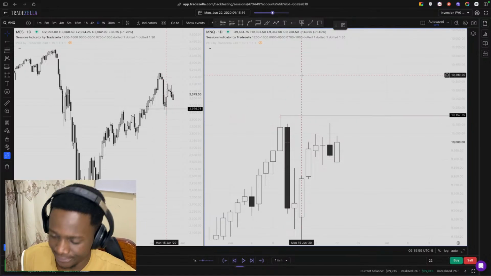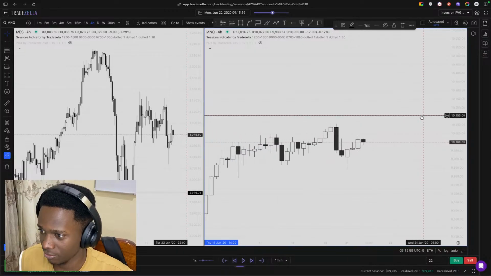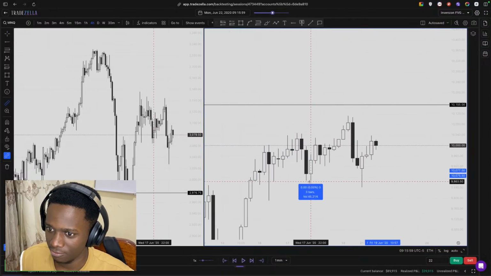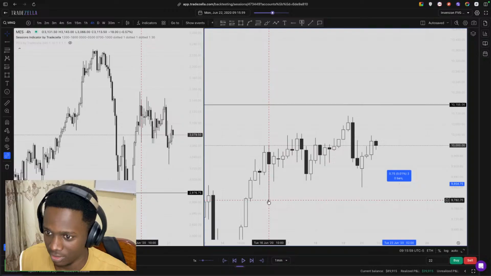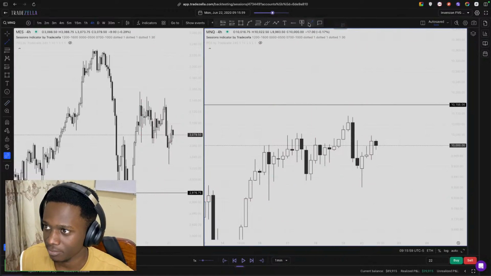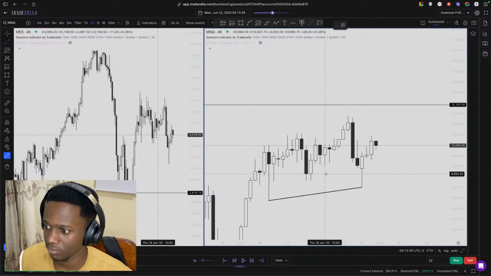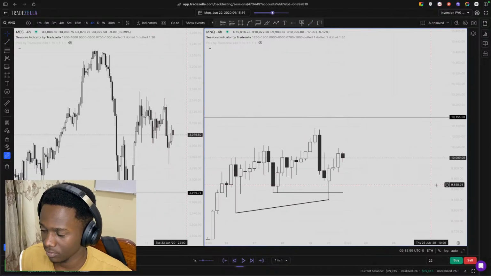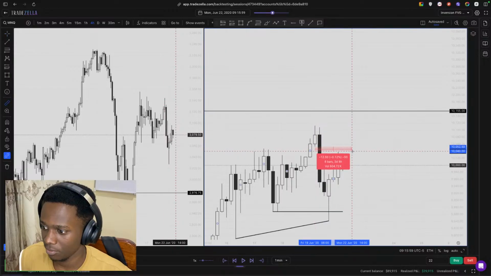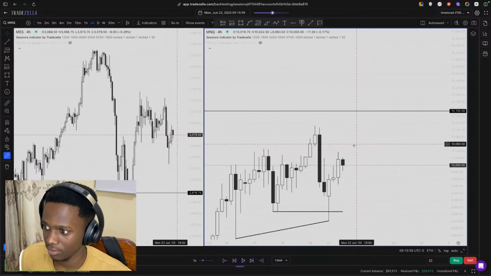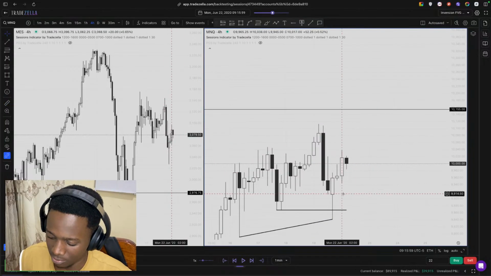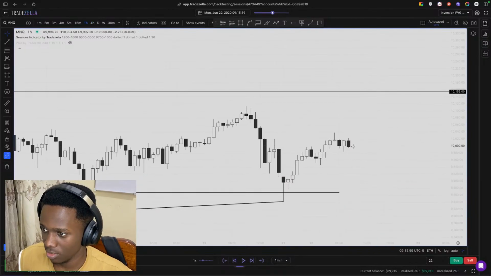Now checking the 4-hour, I can notice a beautiful run on liquidity here, a crazy SMT. And we have a beautiful gap here that I would like to see getting burst, but if it holds, then we will look for shorts. Now let's just wait and see how this goes.